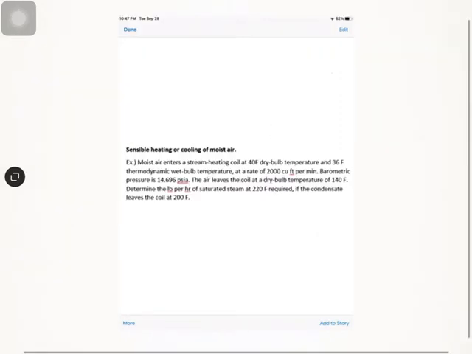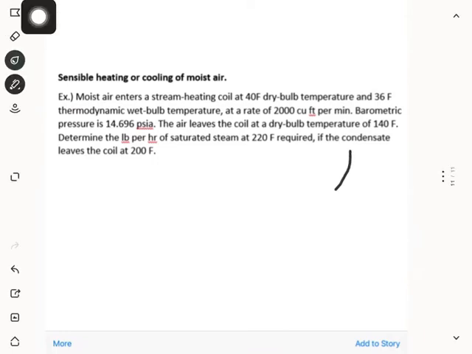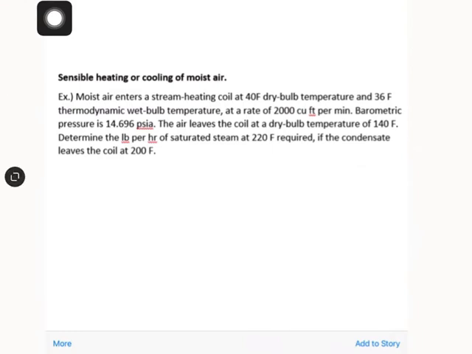So moist air enters a steam heating coil at 40 degrees Fahrenheit dry bulb temperature and 36 degrees Fahrenheit thermodynamic wet bulb temperature at the rate of 2000 cubic feet per minute.